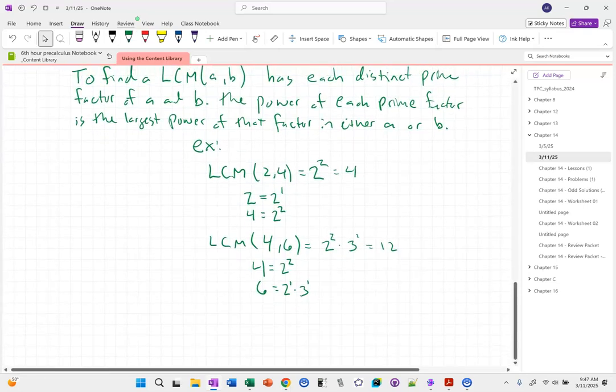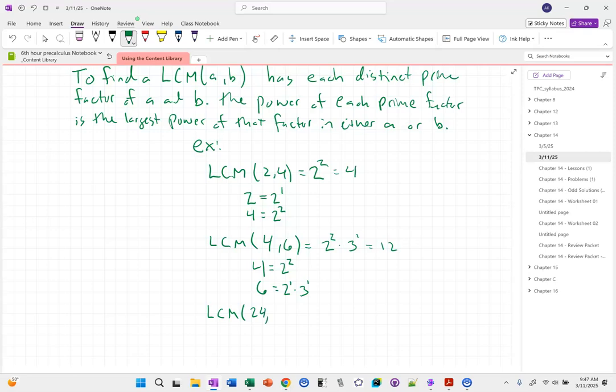Let's do one more, yeah? Okay. The least common multiple of, let's say, 24 and 18. The prime factorization of 24 is 2 to the third times 3. The prime factorization of 18 is 2 times 3 squared.